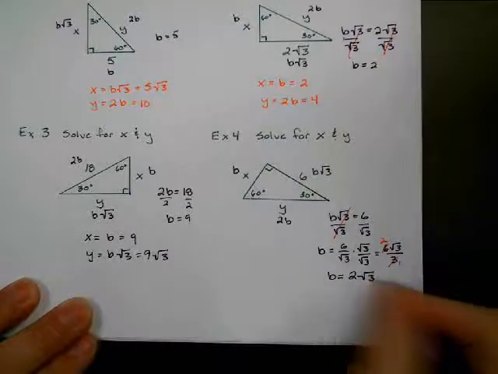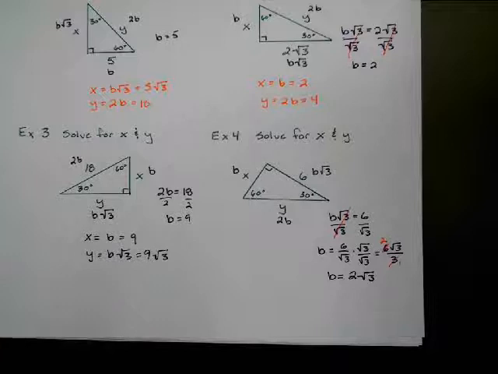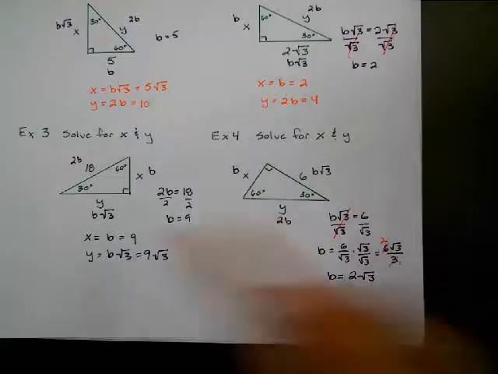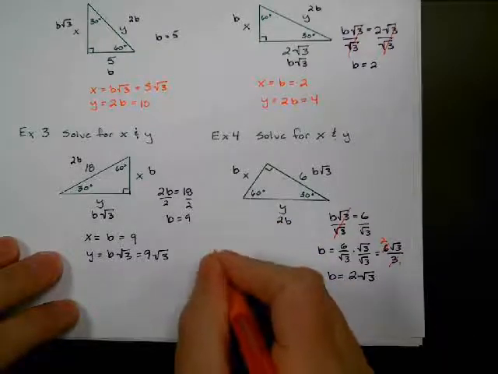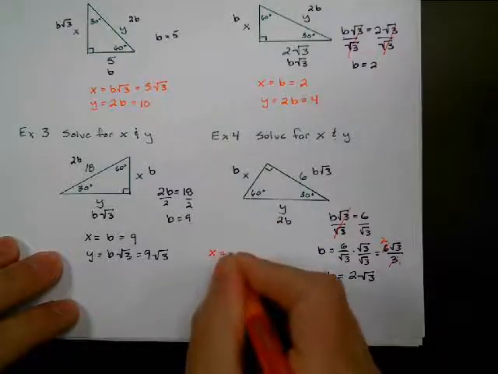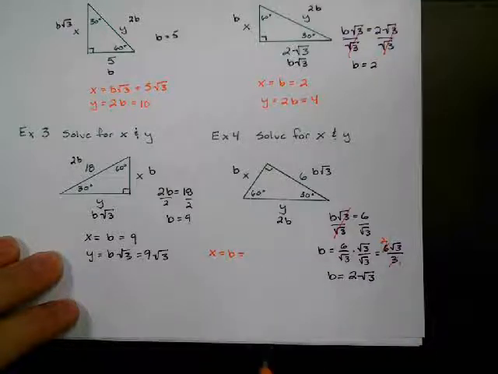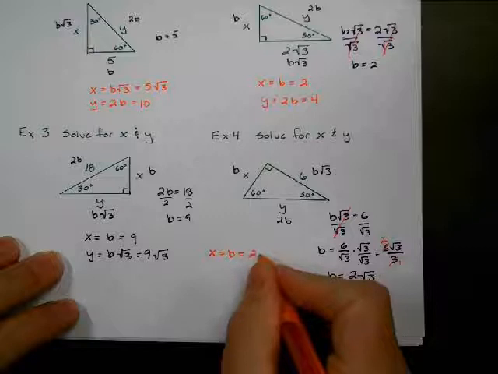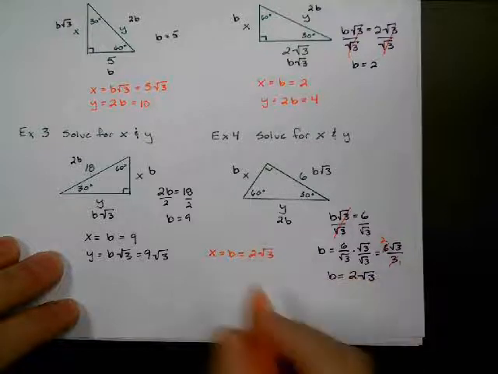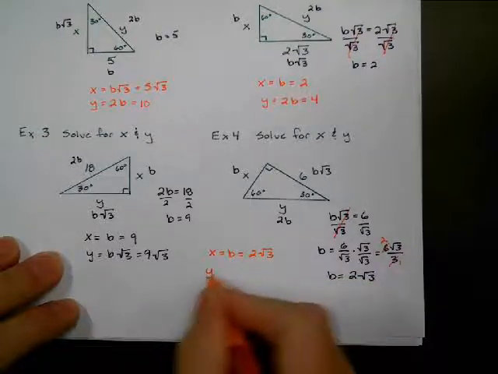So now I can solve for X and Y. Forgot to switch colors on that last one. All right, so X is equal to B, and B is 2 root 3. So that's what X is going to be, 2 root 3. Let's do Y. Y is equal to 2B.